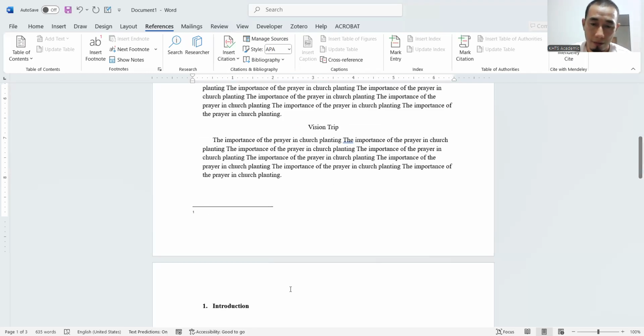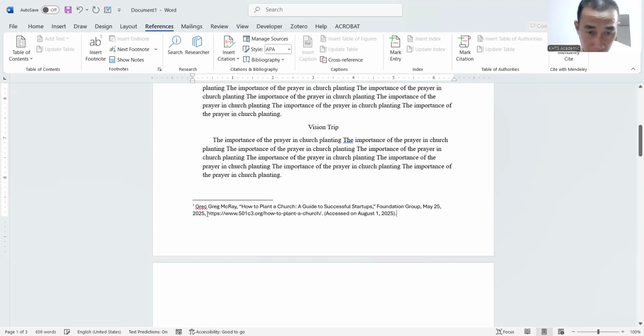and at the bottom. Now, the information that we got from that website, that footnote information, I will bring it here.